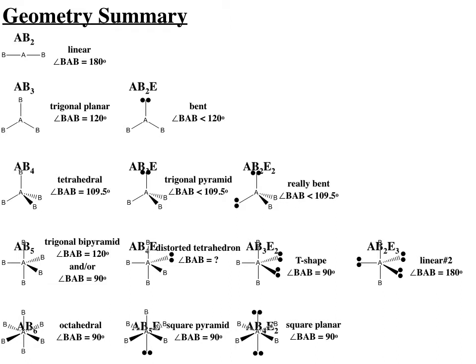Then finally, for the fourth column, we only talked about one of the shapes that we could envision with three non-bonding pairs. We didn't do so for the octahedron, but we did do so for the trigonal bipyramid. That resulted in the shape we know as linear number 2.